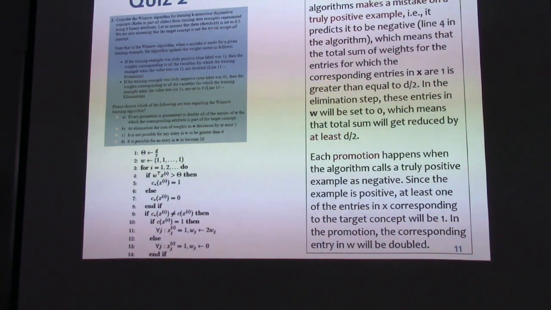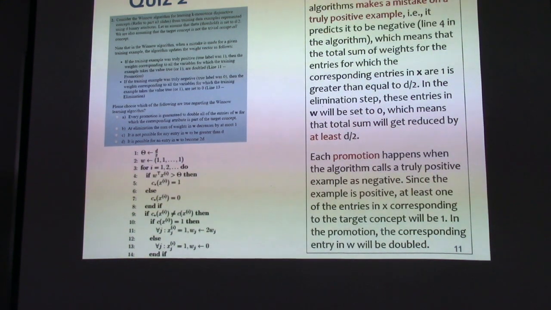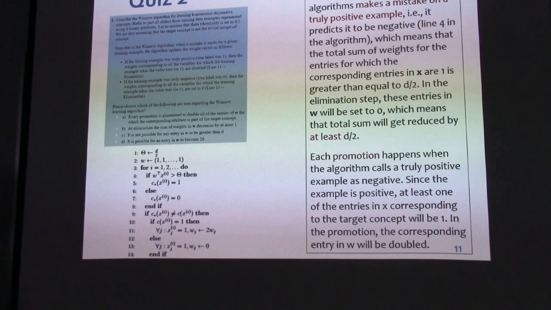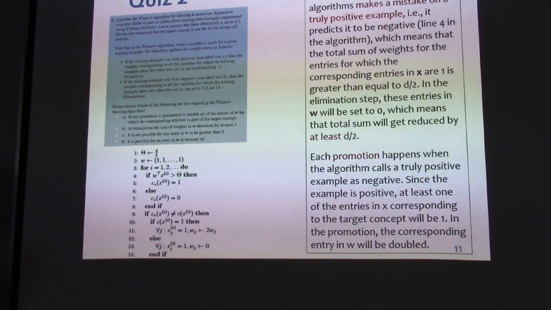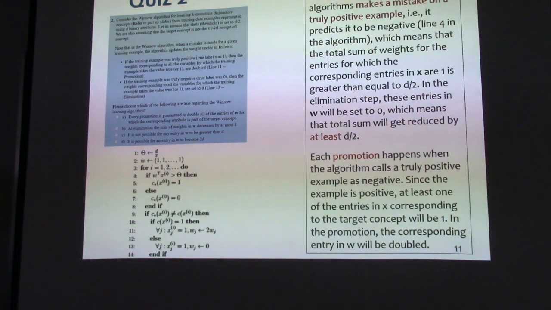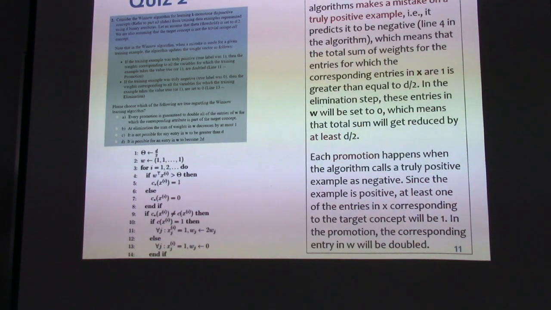A positive example means that the true label is true. In this scenario, the algorithm will set those elements in the weight vector that equal 1 to 0. So the total sum of the weights will be reduced.